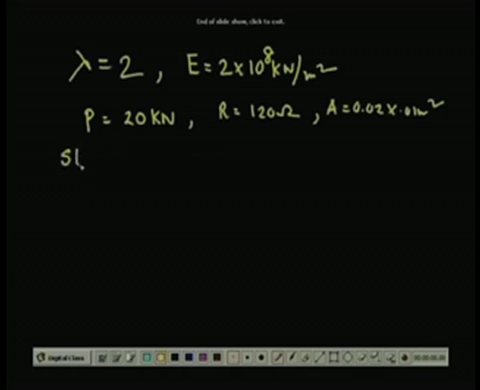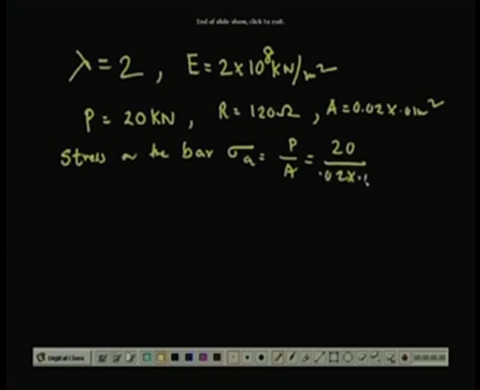So, stress on the bar is sigma A equal to P by A equal to 20 upon 0.02 into 0.01. So, this will give you 10 to the power 5 kilonewton per meter square.